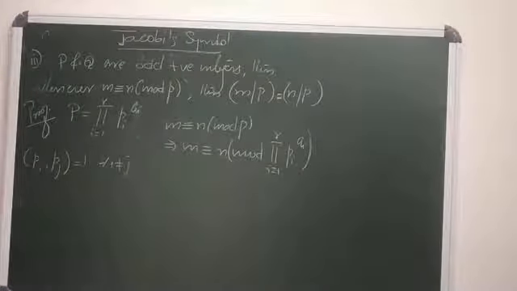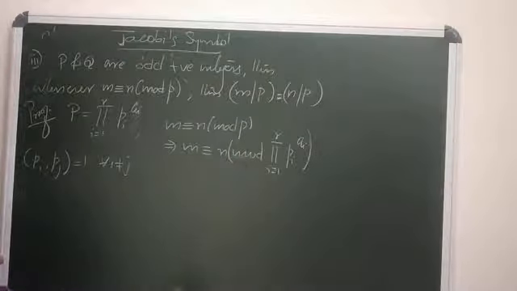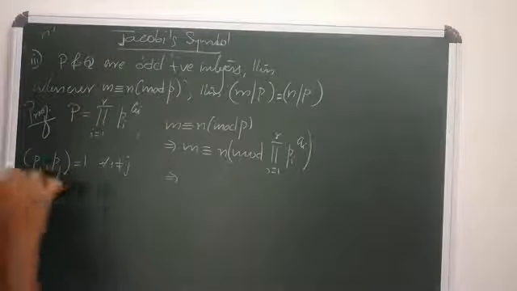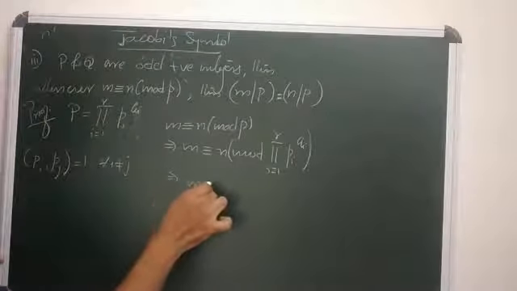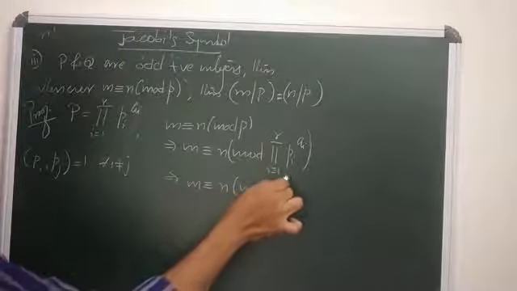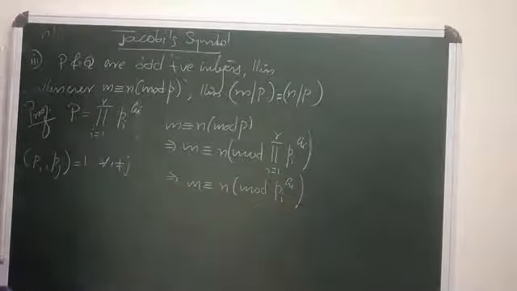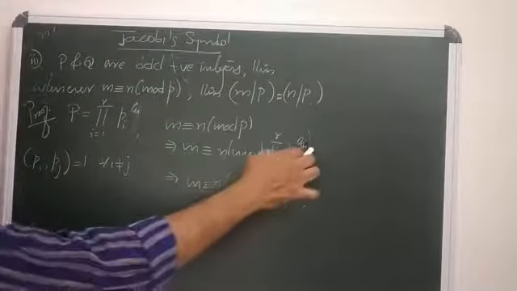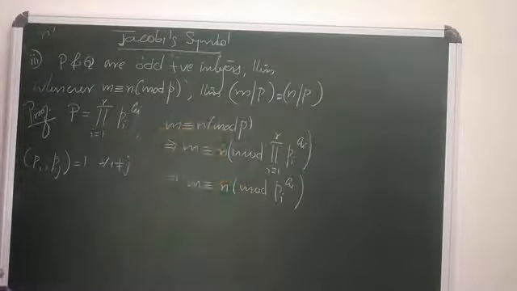Agree? So m is congruent to n mod the product of p_i to the power a_i implies, since the p_i are relatively prime, that m is congruent to n mod p_i to the power a_i, because all of these are relatively prime.